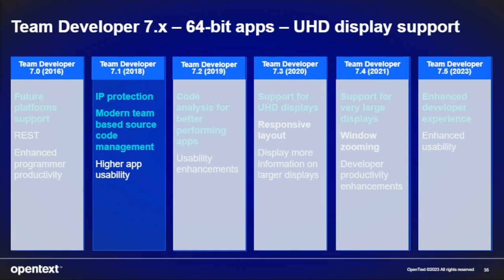But later, let's say in the mid-2010s, people moved more and more to Subversion, Git, so cloud-based or network-based source code management using open source tools like Subversion and Git became very popular. So we included support for those in Team Developer.